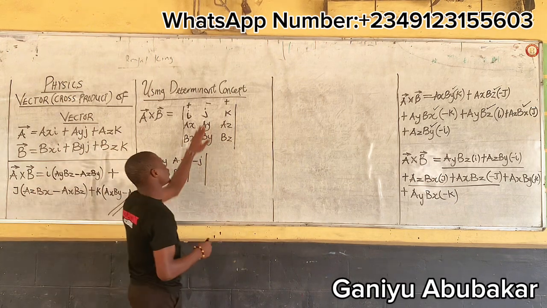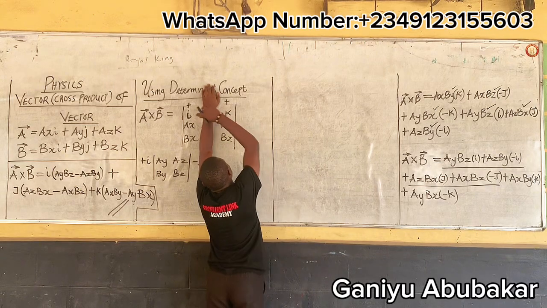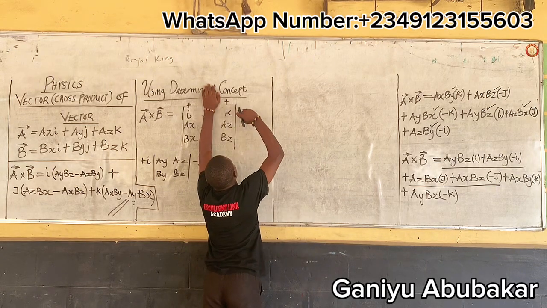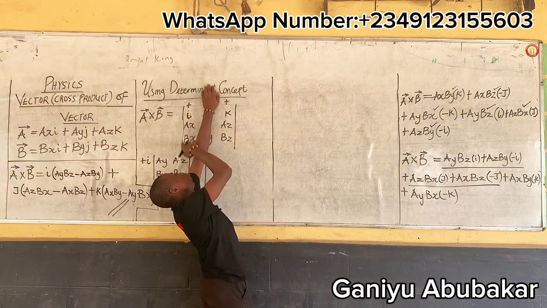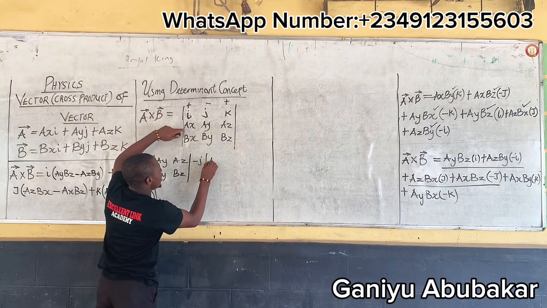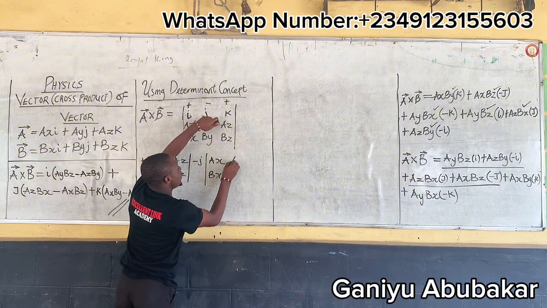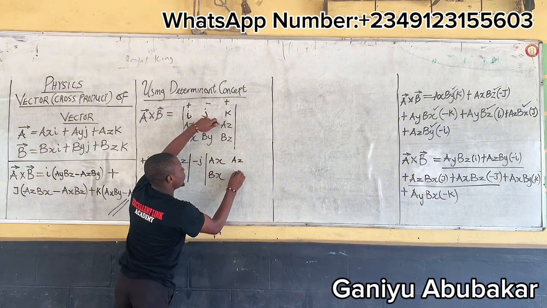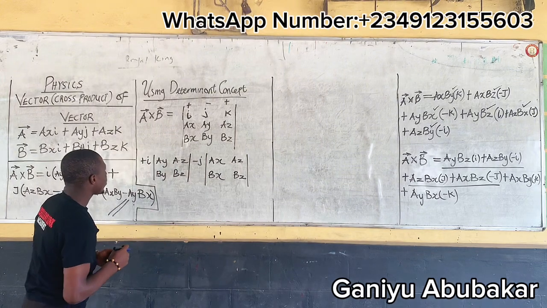For J, this is my column of J, and if I cover the row, I'll see 4 left: AX, BX, AZ, and BZ. That's for J.